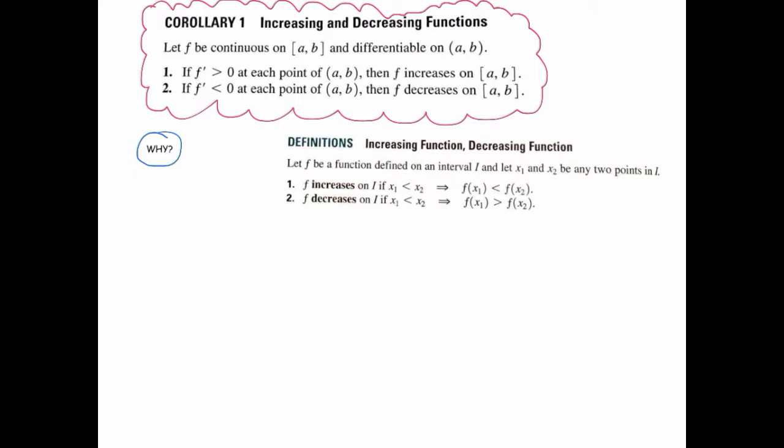So remember the definition of increasing and decreasing. We're going to need those. To do this proof, let's start with the fact that we're going to pick two x values on our interval a to b, let's say x1 and x2, on my closed interval a to b, and let's assume that x1 is less than x2.